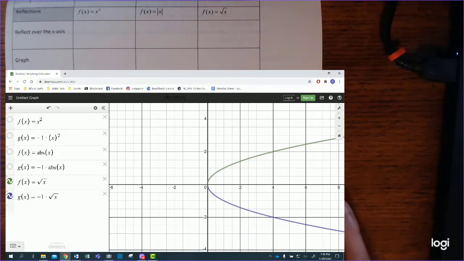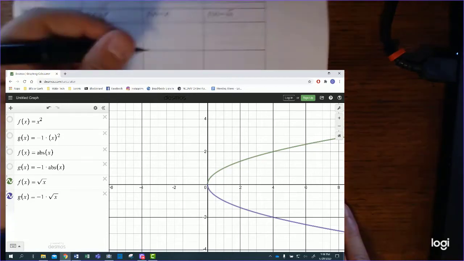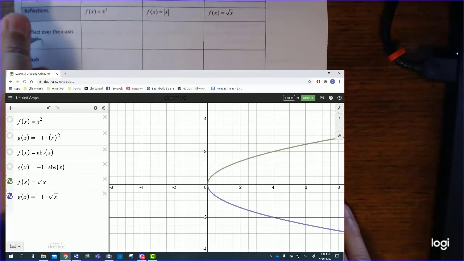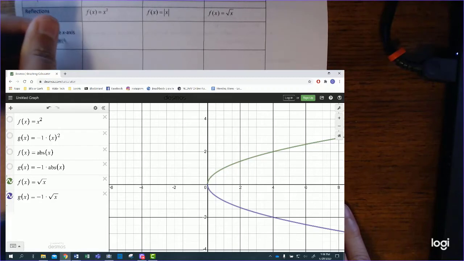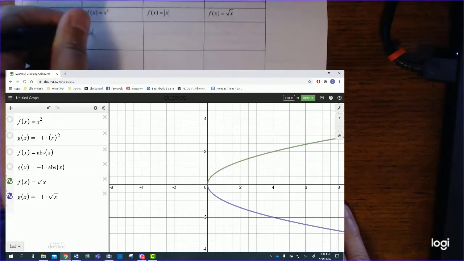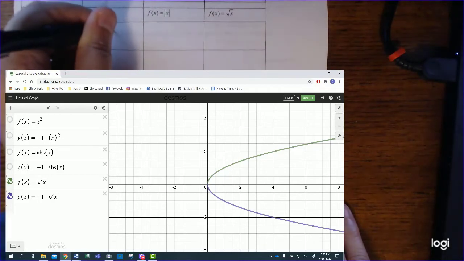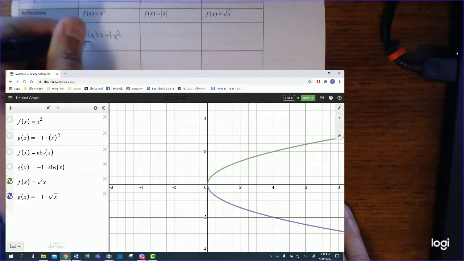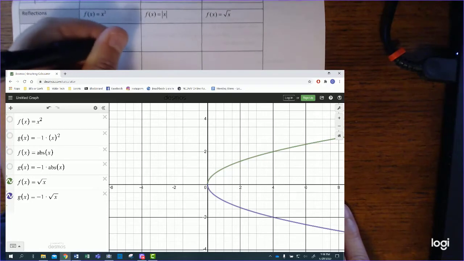Okay, so if I want to reflect it over the x-axis, I'm going to multiply outside by -1. So that's going to look like f of x equals -1x squared, or f of x equals -x squared.